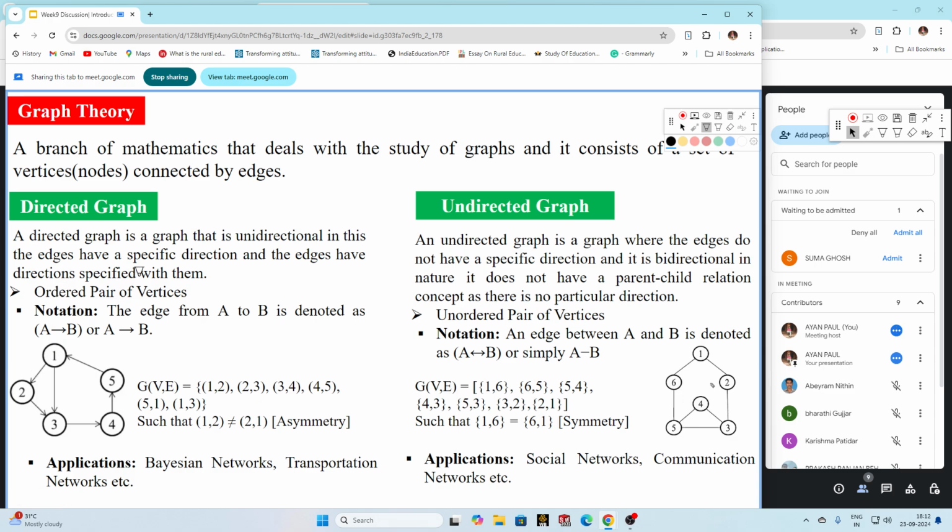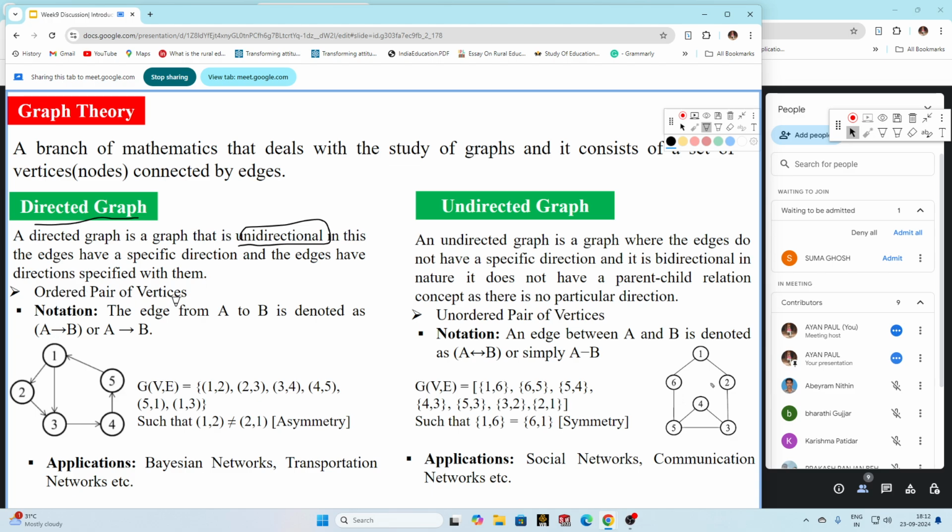Any two nodes are connected by an edge, and this edge has a particular direction, that is, it is unidirectional. That means if 1 is linked with 2, the arrow is from 1 to 2. So 2 is a child of 1, or 1 is the parent of 2. That is the concept of a directed graph.